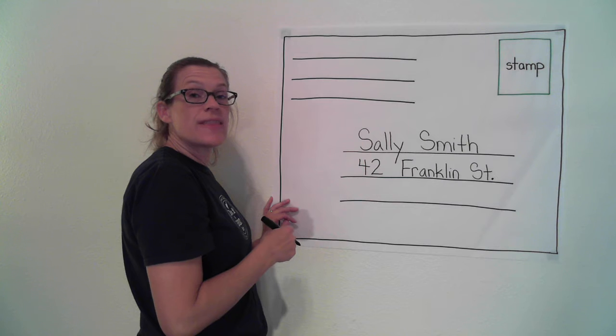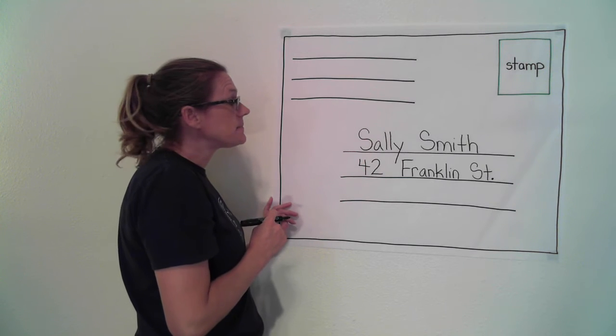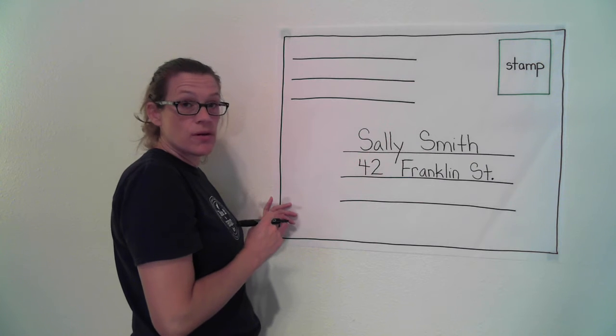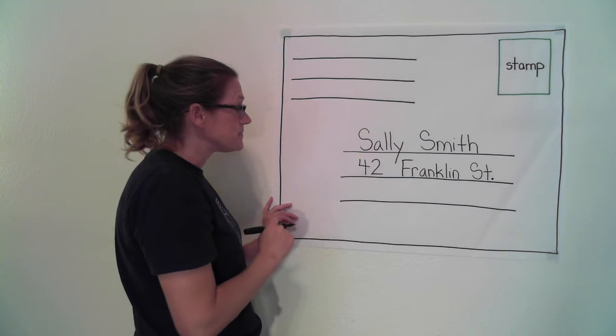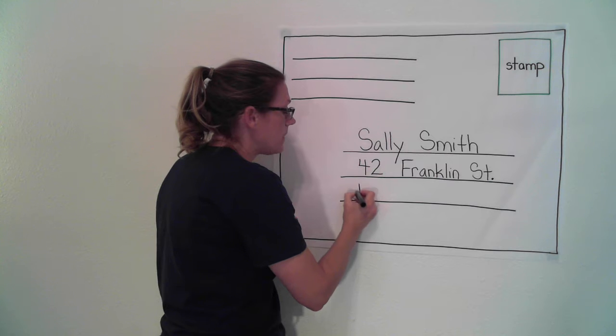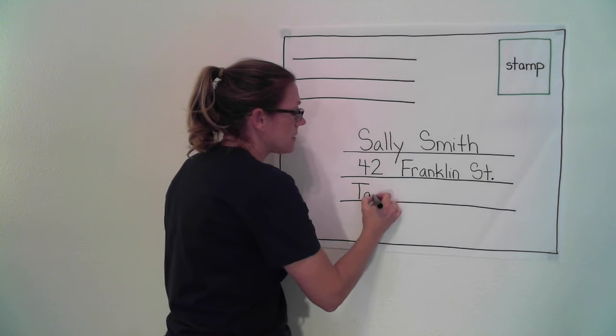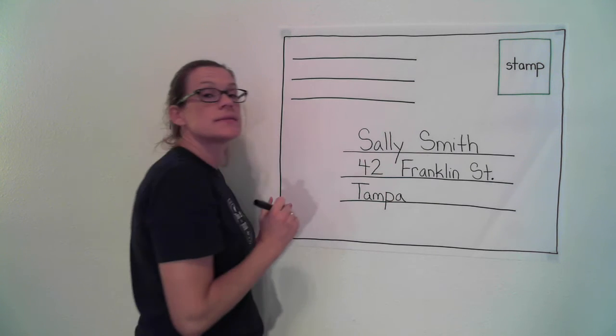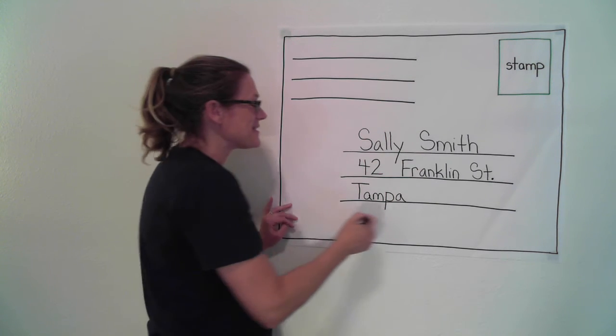All right, so now on the next line, I need to include 3 bits of information. I need to include the city that Sally lives in, the state that she lives in, and her zip code. Everyone has a zip code. All right, so Tampa is the city that she lives in.